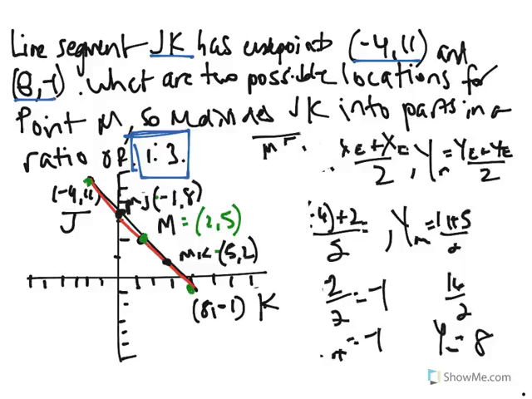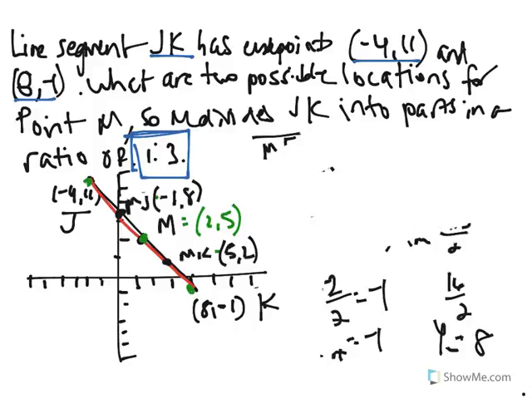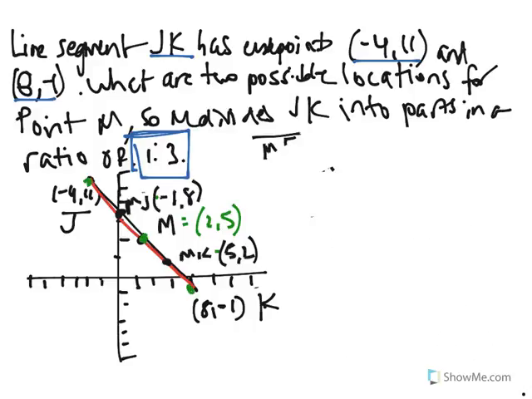So the question itself gives us the following choices for possible points that would divide the line JK into 4 equal parts.